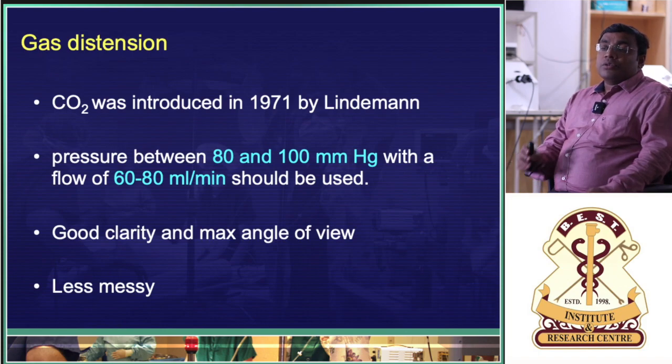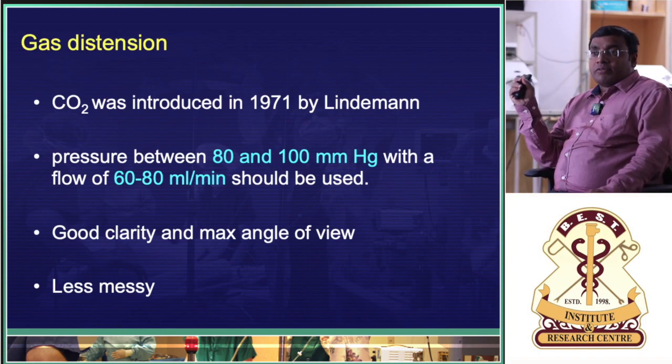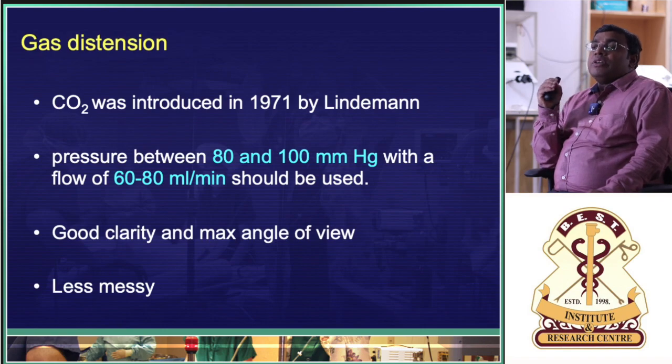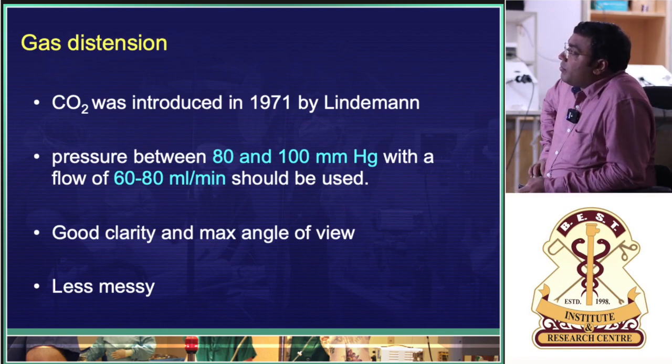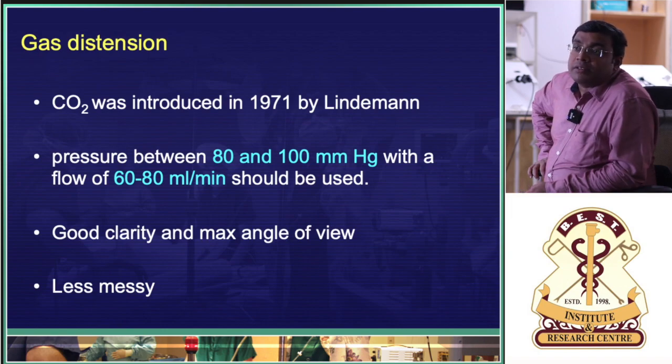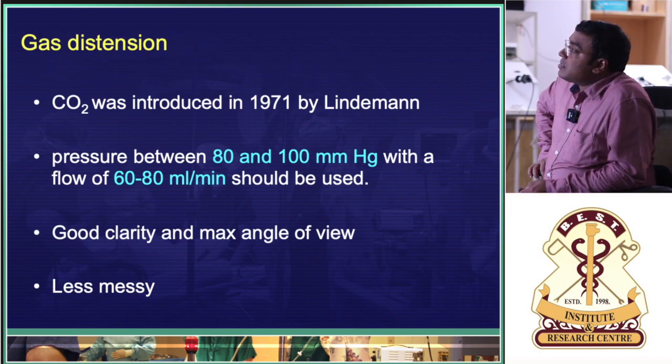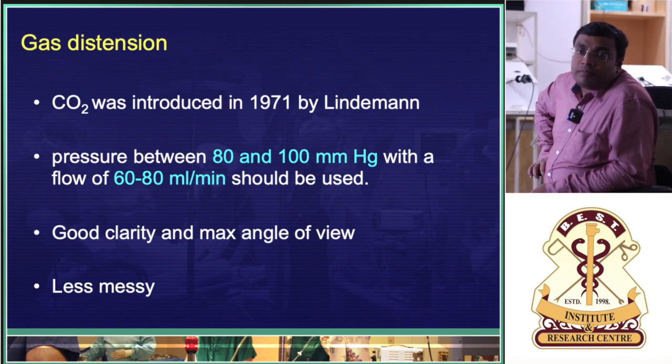hysteroflator. Just like you have an insufflator for laparoscopy, you should have a hysteroflator, which helps in creating a pressure of 80 to 100 mmHg with a flow rate of 60 ml of carbon dioxide per minute. When you set this flow rate and pressure, you can see.